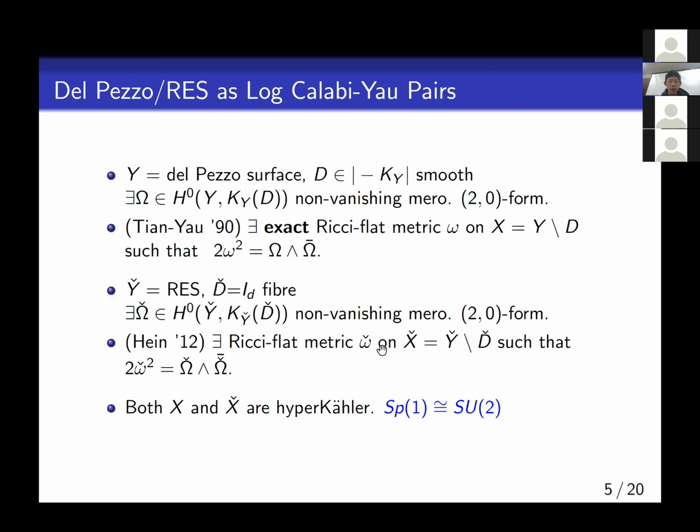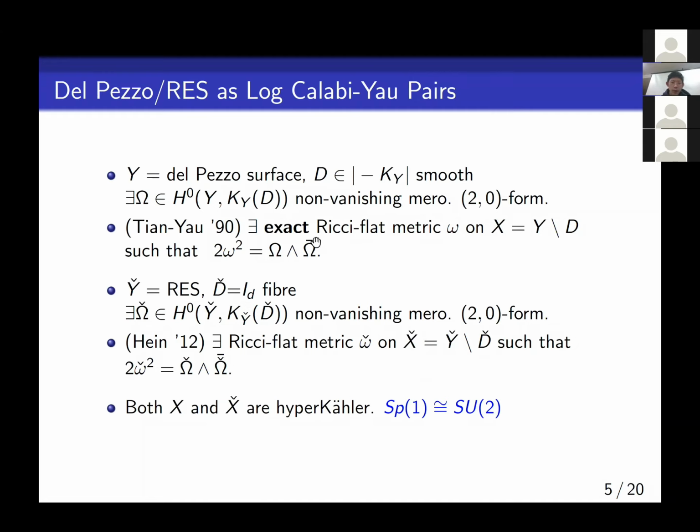There actually exist many Ricci-flat metrics on this X check, depending on the Kähler class you want, and again they satisfy the same complex Monge-Ampère equation.